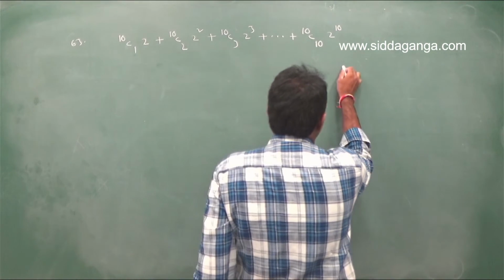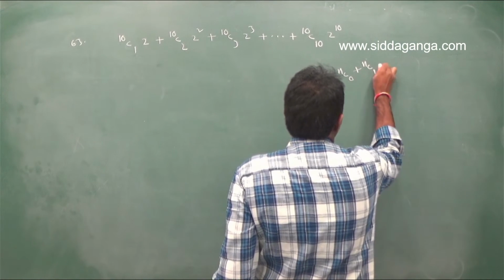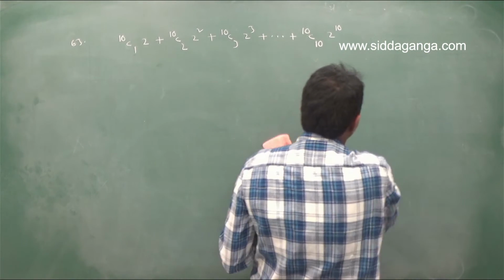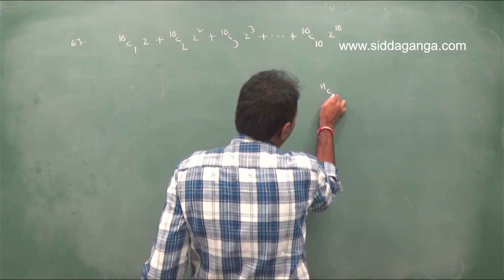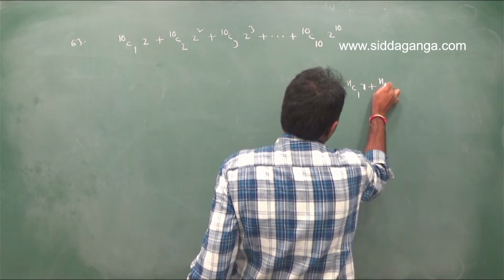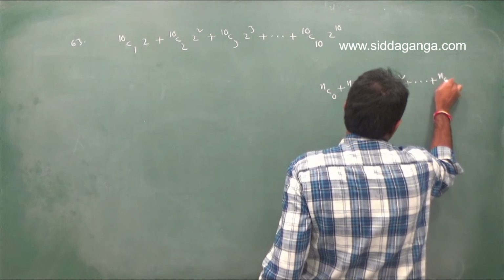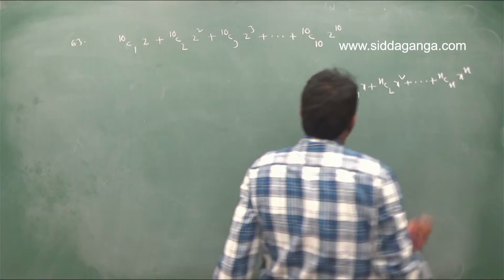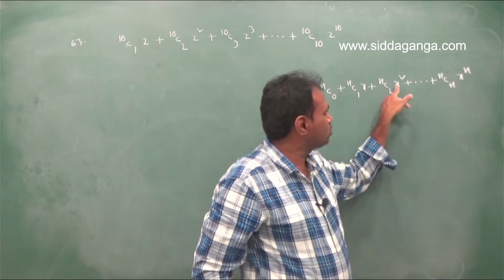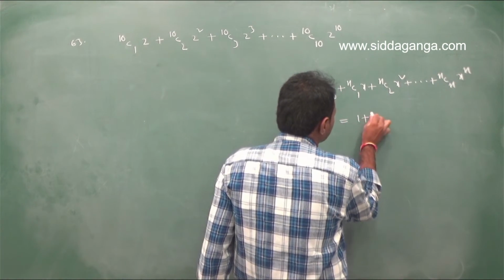We have one expansion, that is NC0 plus NC1 x plus NC2 x square plus up to so on NCN x power n, which is equal to 1 plus x whole power n.